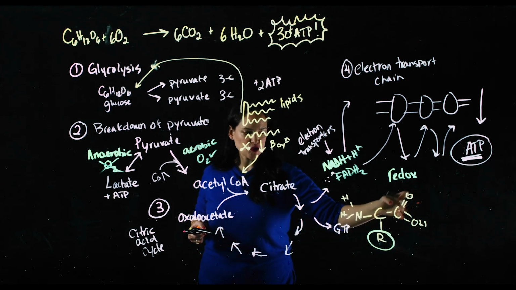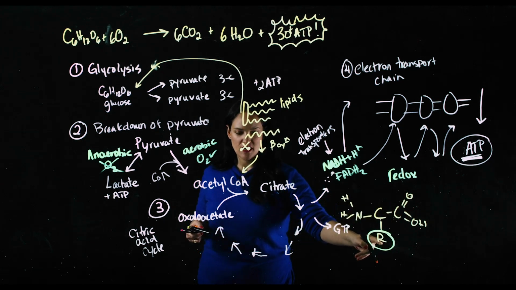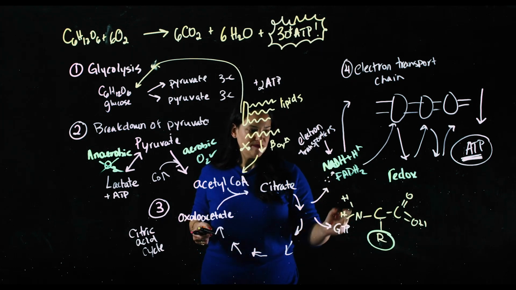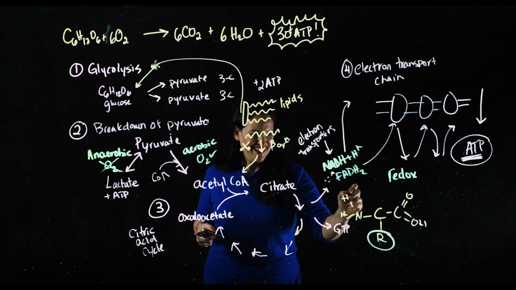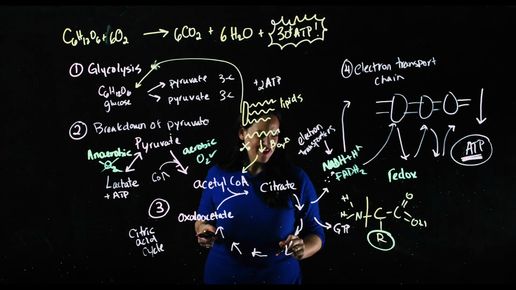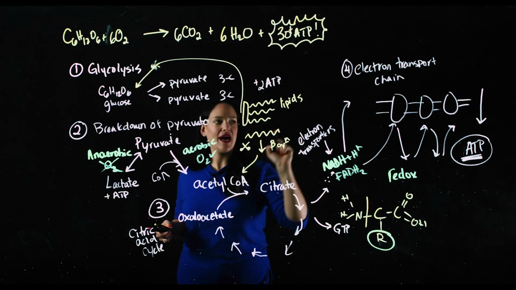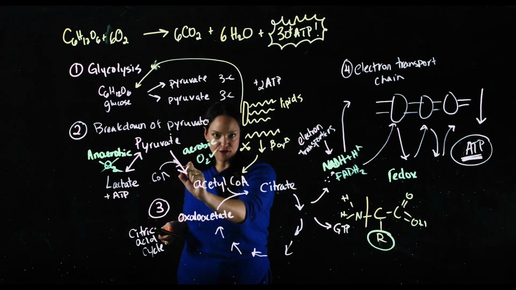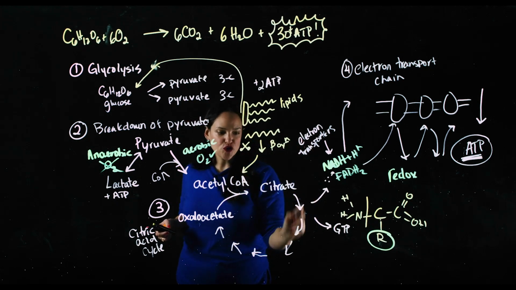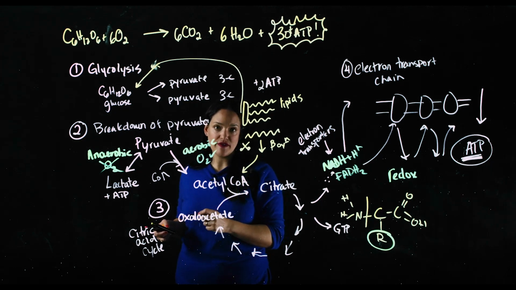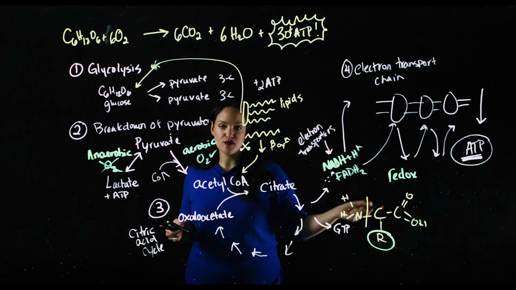They all have this basic structure, but they have a different side chain. Now, in order to enter this whole process, that amino group is clipped off, and depending on what's left over, that remaining amino acid structure can come into the cycle at different points in time. So for instance, certain amino acids can be used to make citric acid cycle intermediates. Certain amino acids can be used to make pyruvate. And again, it proceeds through this process.